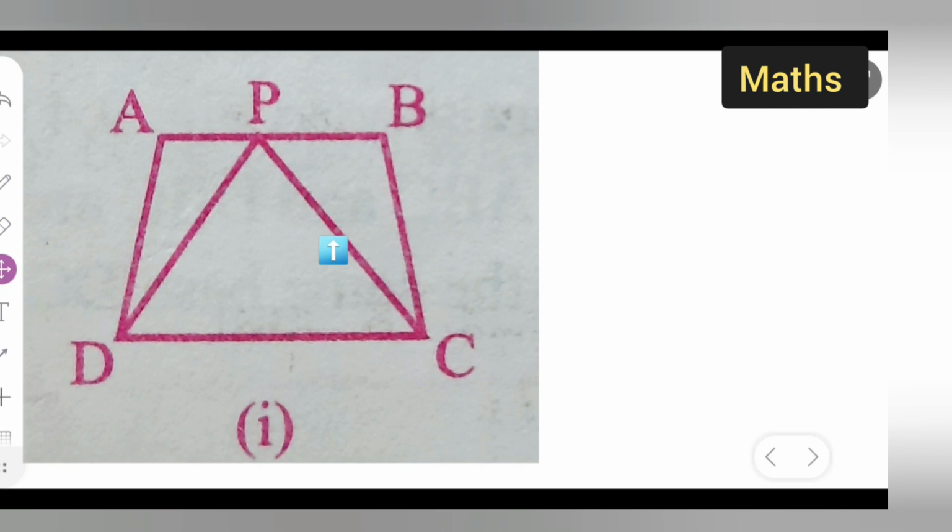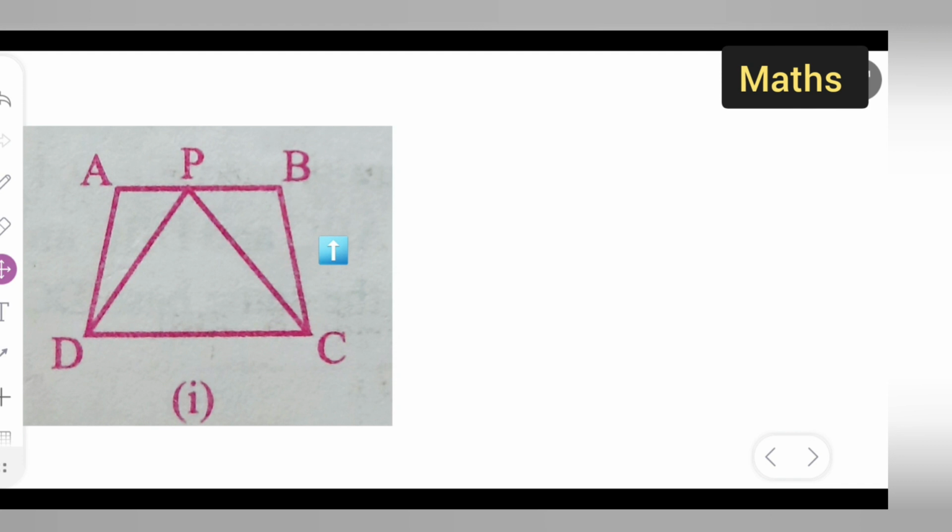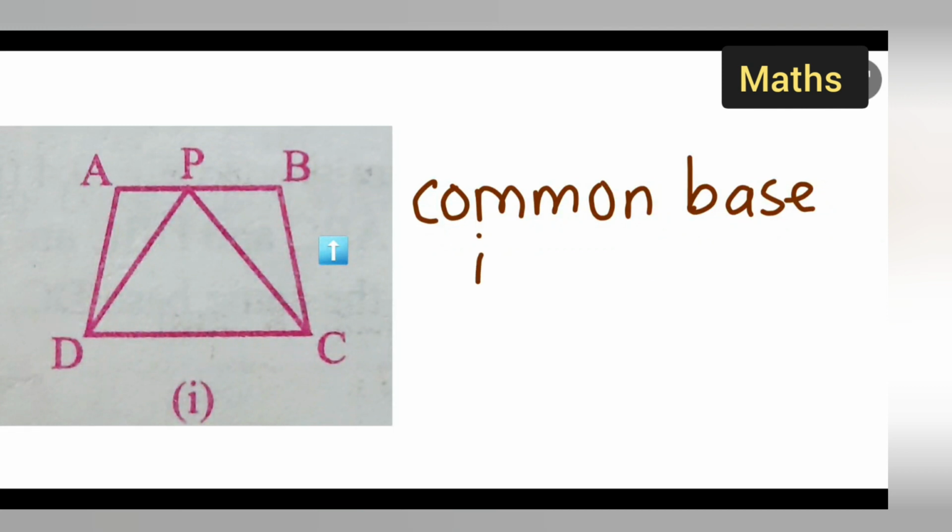So you can write down for the first one. Let us see the common base for this one. First, let me make it a little bit small so that I can write down. The common base is DC.